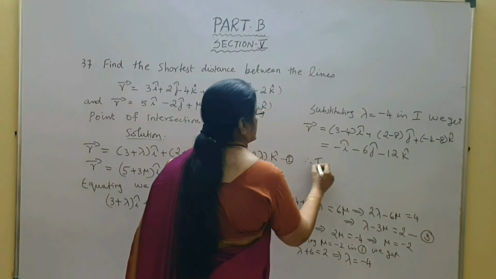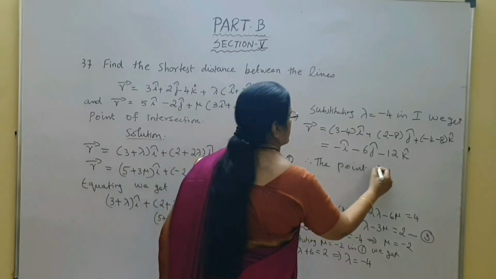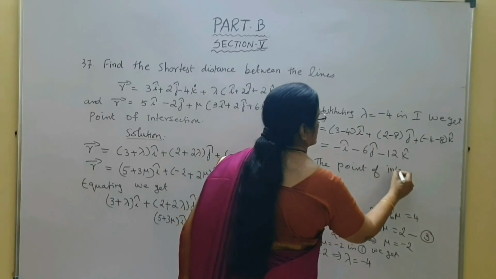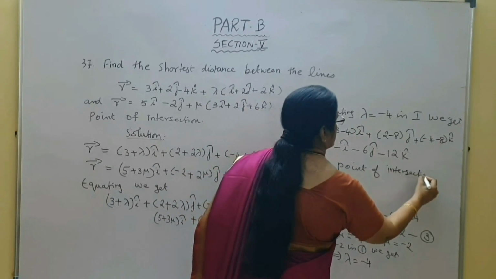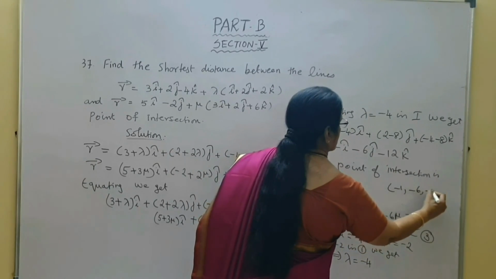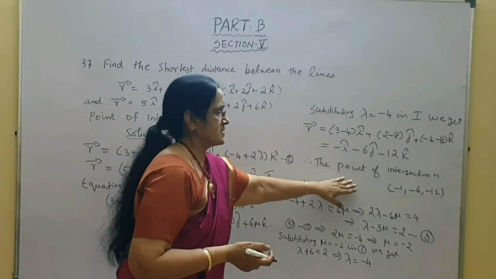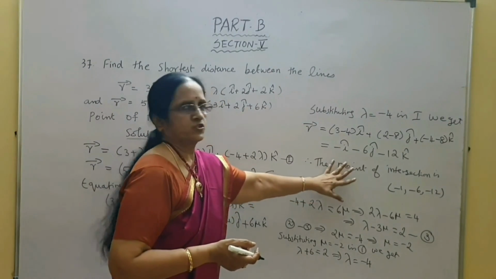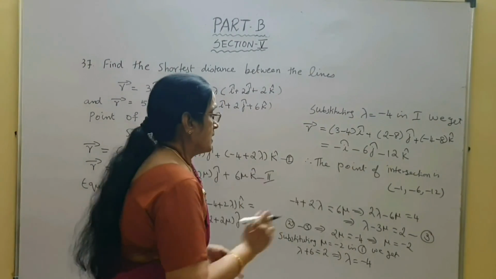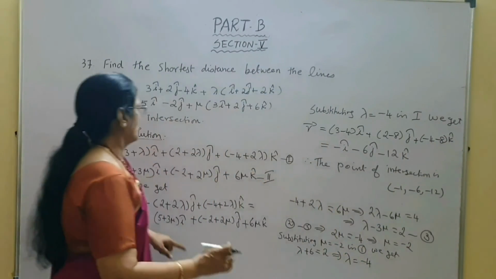Therefore, the point of intersection is (minus 1, minus 6, minus 12). This is in vector form, and this is in Cartesian form; you can write both. What will happen if you substitute mu is equal to minus 2?